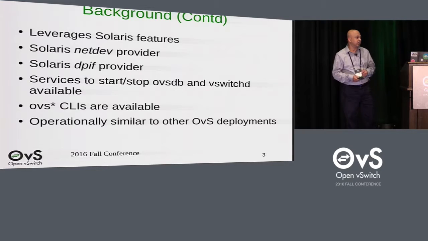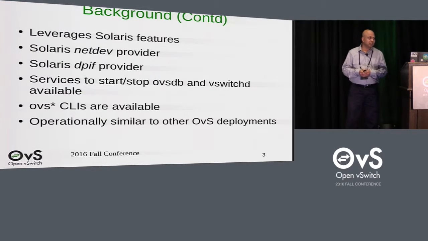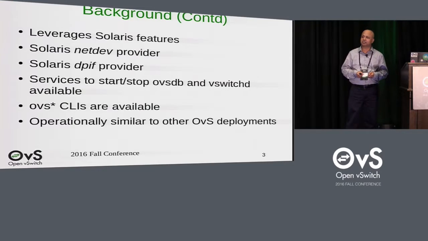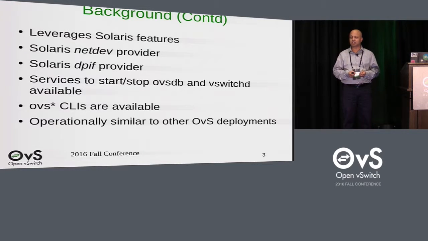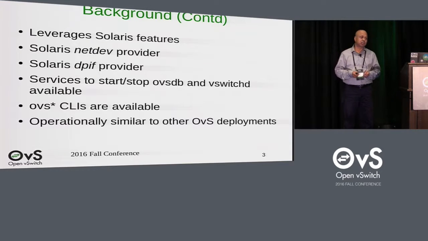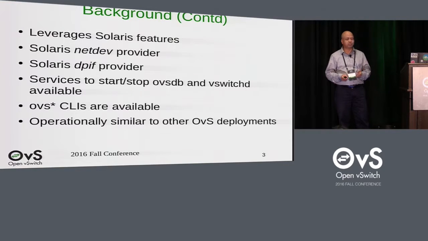of release. The way we implemented 2.3.2 was basically we leveraged Solaris features. Solaris has native virtual switching support, called Elastic Virtual Switch, and also network flow support. The native features are awesome, but we wanted even more awesome, so we went for OVS.